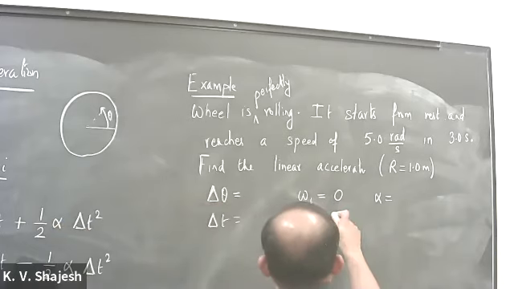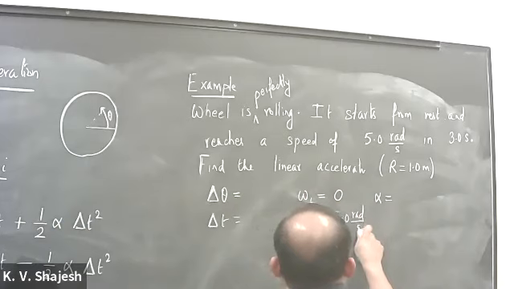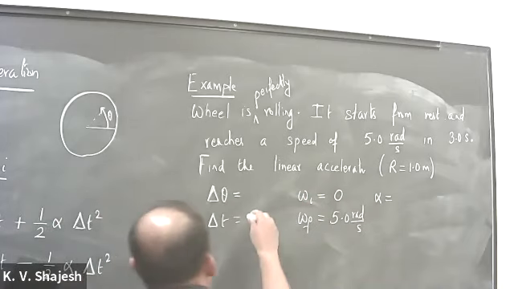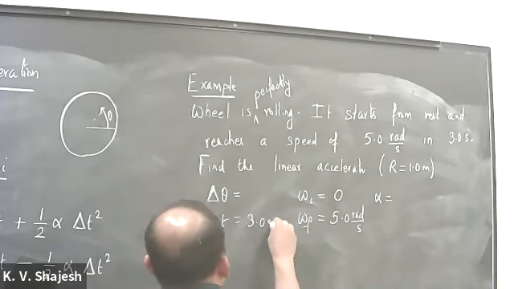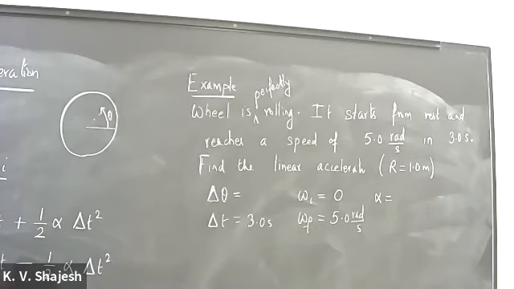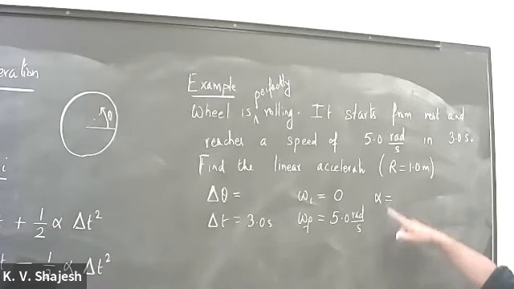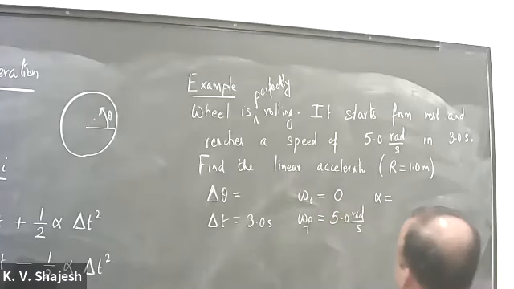Reaches a speed of 5 radians per second. And what else is given? Delta t is 3 seconds. So that's your 3 quantities that are given, but it is not the angular acceleration that we are interested in finding, but instead it is a linear acceleration.